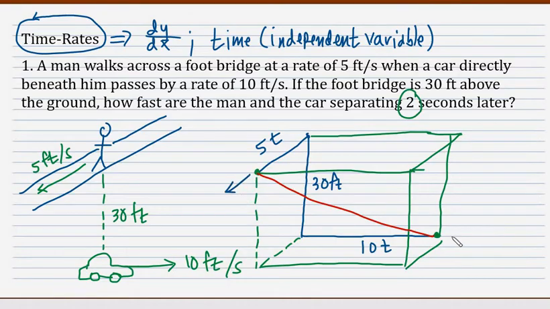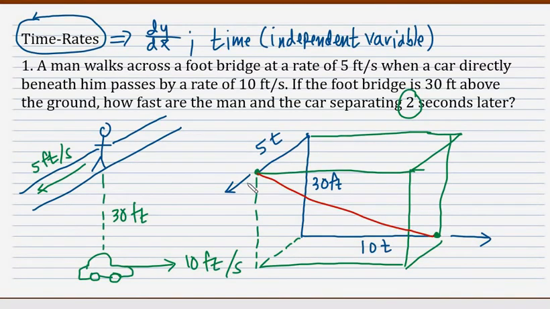So the red line will continue to change, and it will be the representation of their separation from each other. So the question is, what would be the change of this separation?